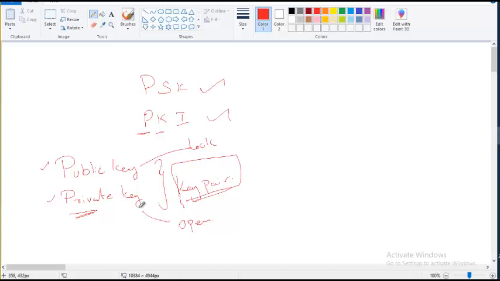These two keys will be generated by the site-to-site routers. In both sites, both routers need to generate a pair of keys using an algorithm called RSA. Using this algorithm, a pair of keys is going to be generated by the routers that are in two different sites.